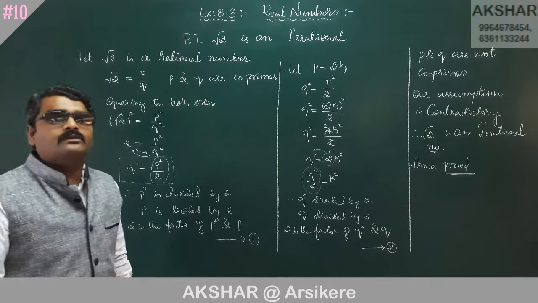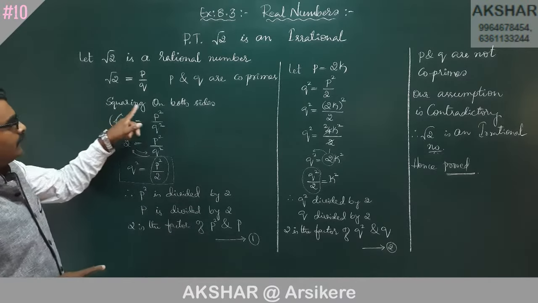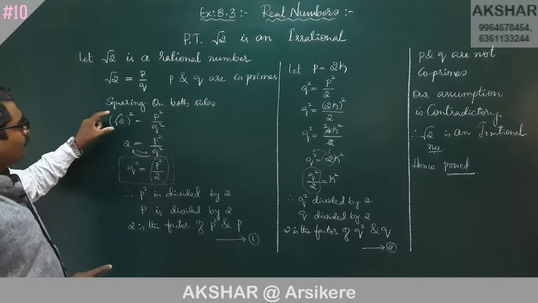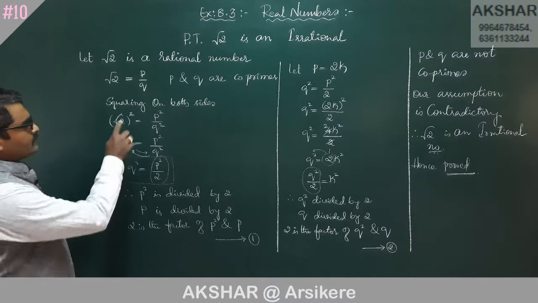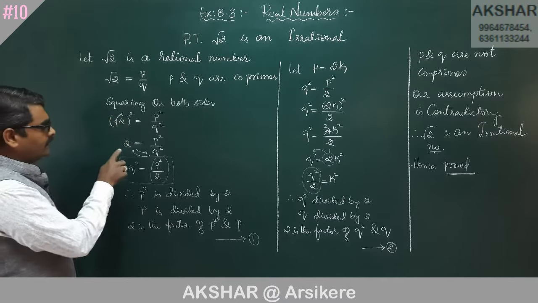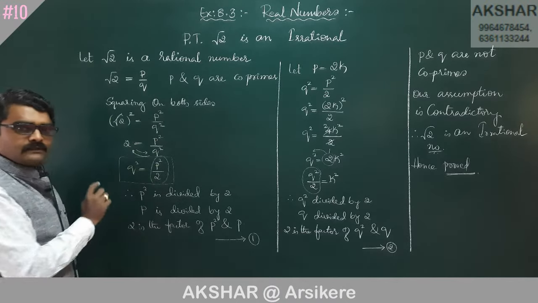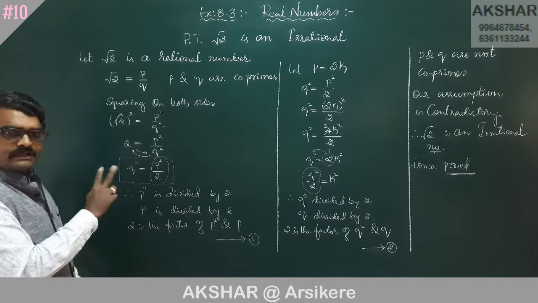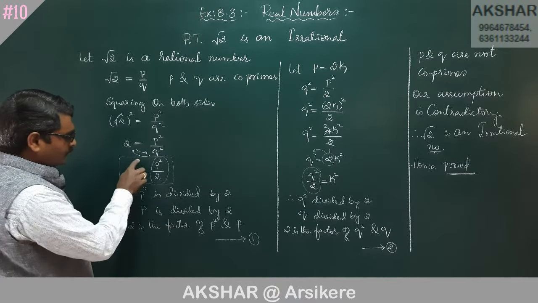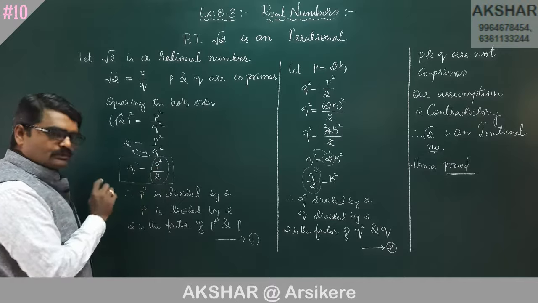Then only they are called co-primes. Squaring on both sides, root 2 whole square is equal to P square by Q square. Square and root get cancelled. 2 is equal to P square by Q square. Transfer Q square and 2 exchange. Therefore, Q square is equal to P square by 2.